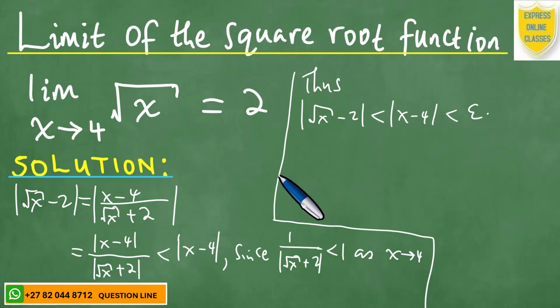However, think about it extra carefully and analyze what all this means. This gives us a single value of delta: delta is epsilon.